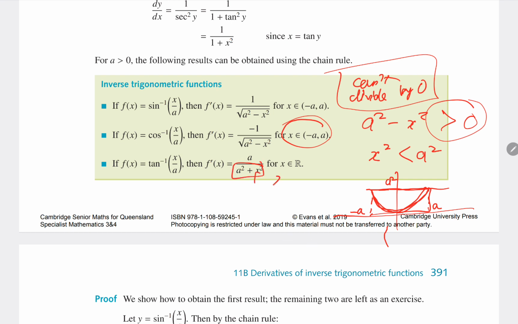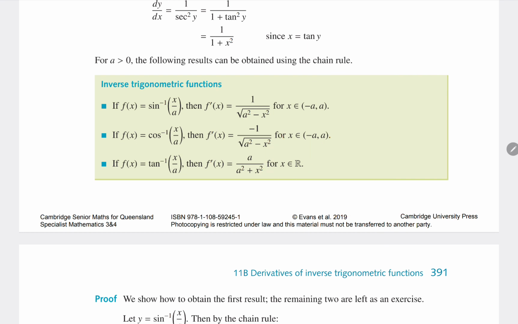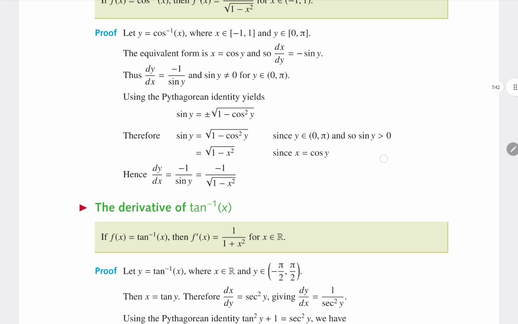You can't have a equals 0 here. You can't have x over 0. Even if x is 0, it will just be a squared plus 0, which is still some sort of value, a squared. That's why for tangent, there's no restriction. X is any real number. Same here, inverse tangent of this, it's also no restriction.